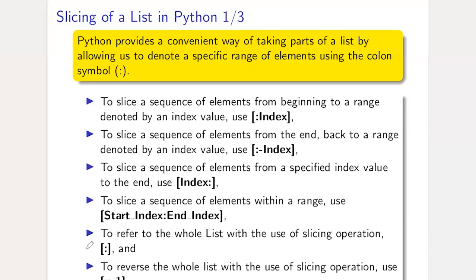Now the usefulness of this type of reference into a list is that if we want to reverse a list, we have a very quick way of doing that. Here we are specifying the reversal of a list: the full list is being referred to, and we are asking for the list starting from the last element. This is how we specify the reversal of a list.